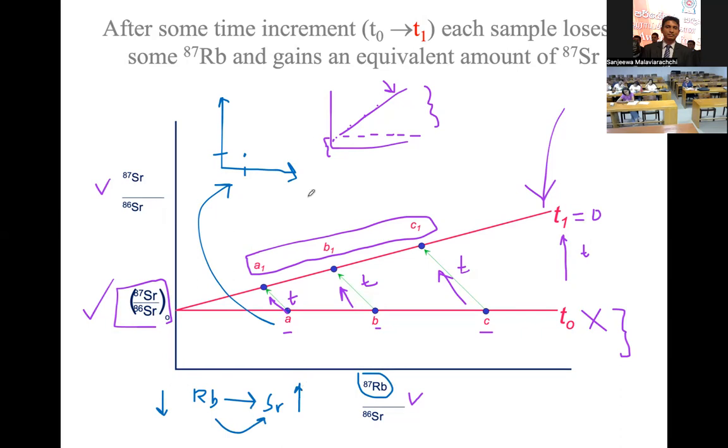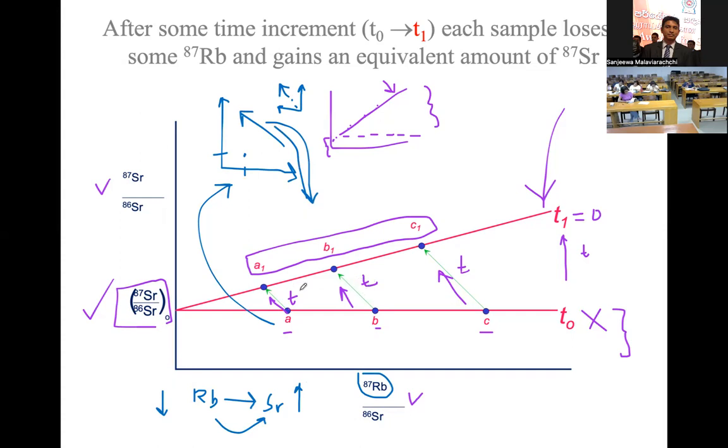So what should be the result of this equation? In the plot, your rubidium will be decreasing like that, and your strontium will be increasing like that. So what is the overall shape of this change? It should be an evolution like that. That's why you have an evolution like this in this plot.